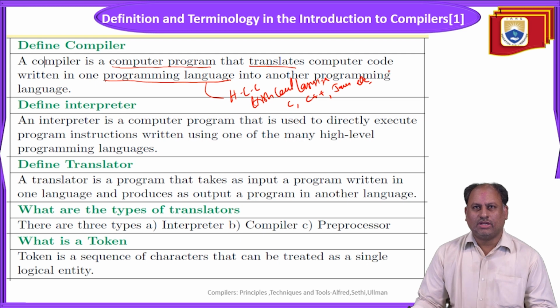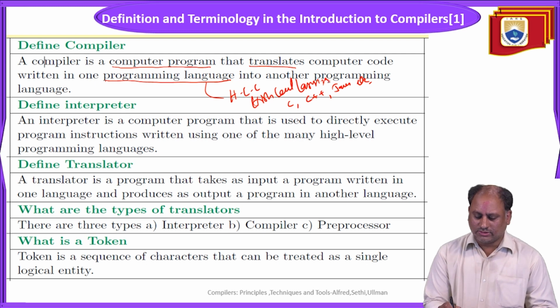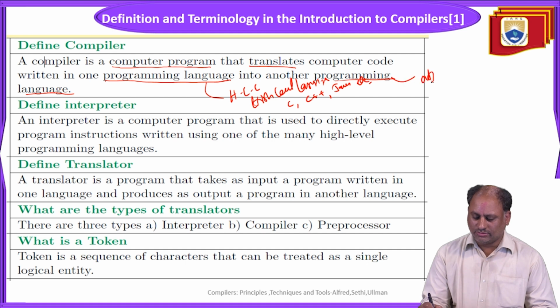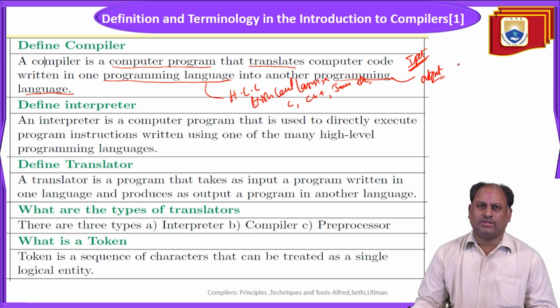And it produces the code in another language. Here the output is displayed in the form of machine code. It understands the input supplied by the user, translates that, and generates the machine code as output.